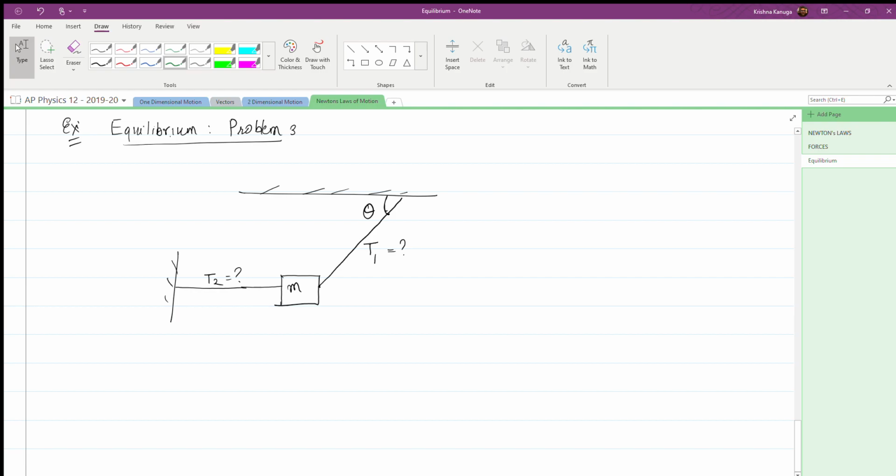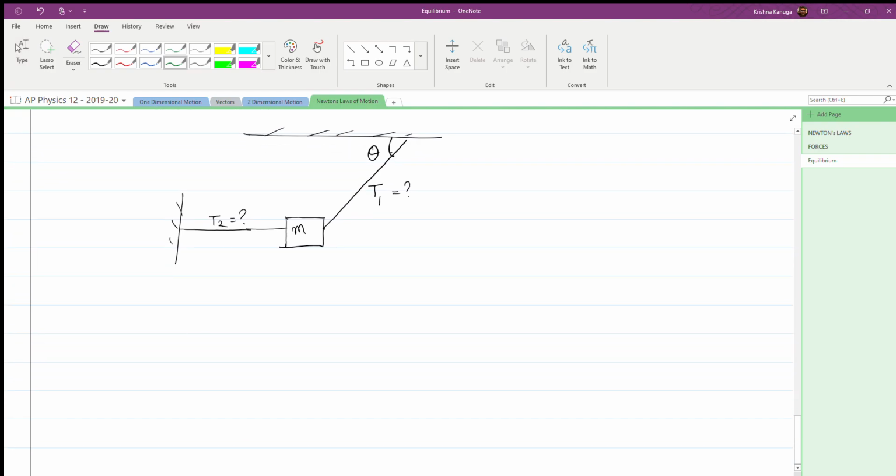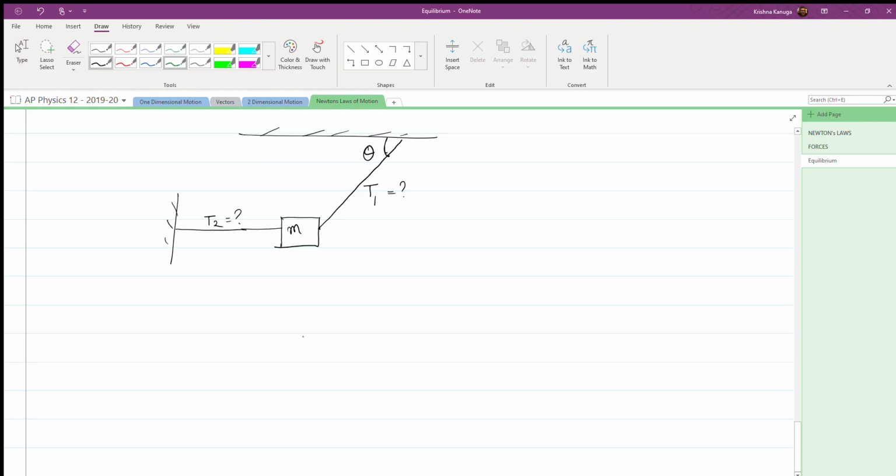All right, I'm assuming that you paused and finished the problem. So I'm just going to go through this very quickly. First thing is draw the free body diagram. We have T1 pointing in this direction, we have T2 pointing in this direction, and then we have mg pointing down.